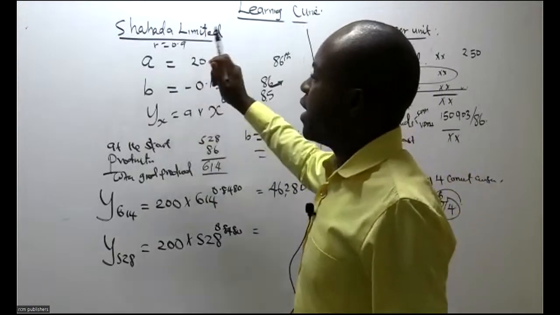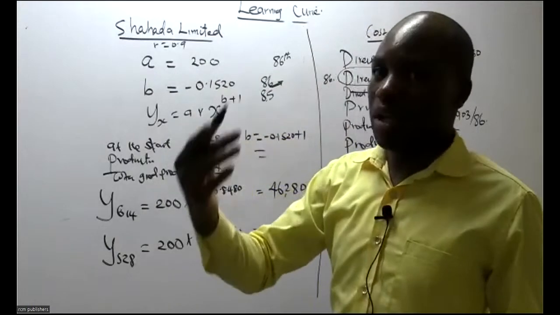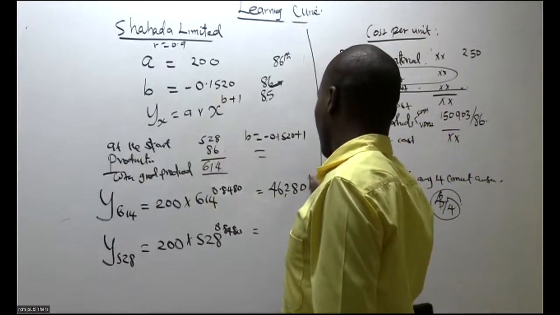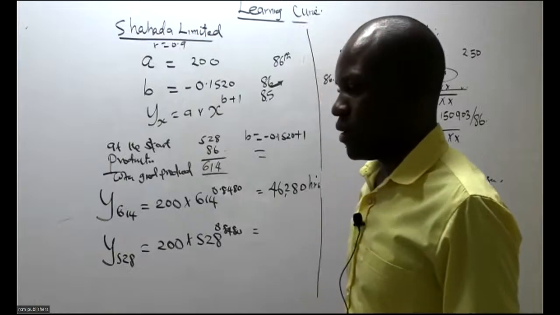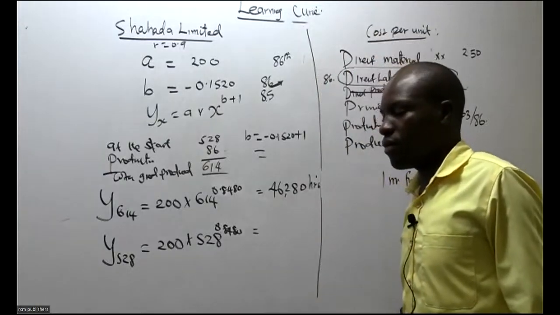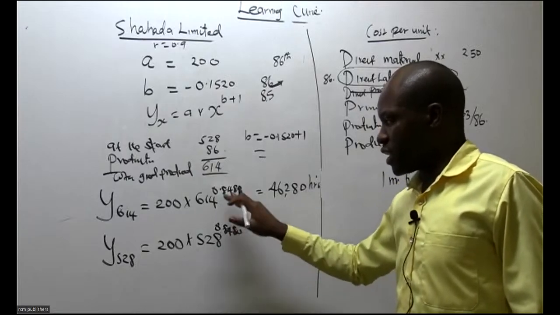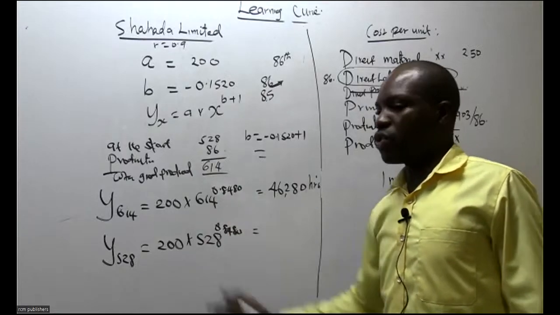Here, we were given the labor hours per unit. So this one will not be shillings, but hours. Let's go to the second one, 528. You just take 528 raised to the same power, times 200.